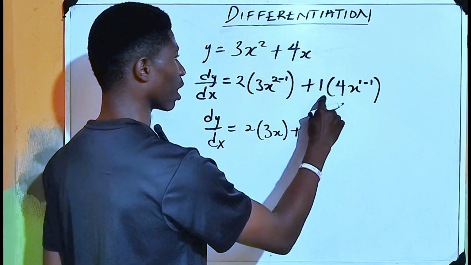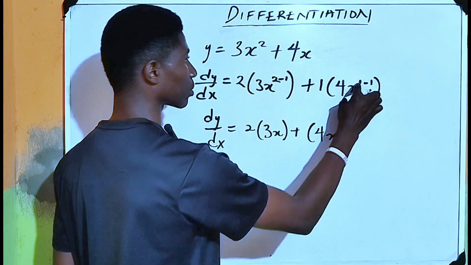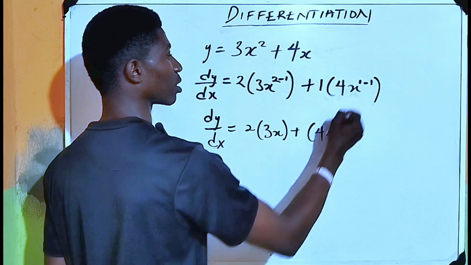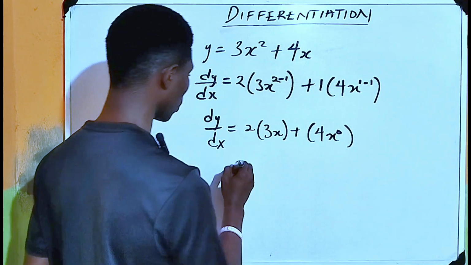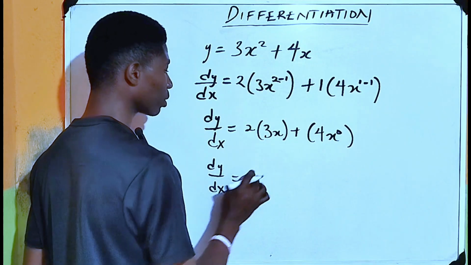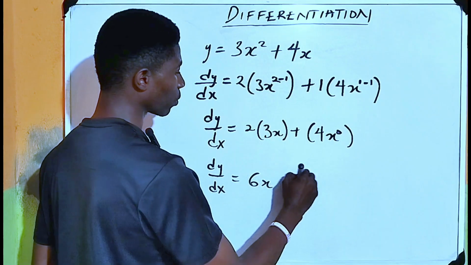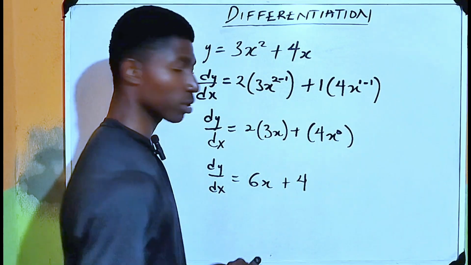So I have 1 times 4, which is the same as what? 4x. 1 minus 1 is 0. So dy over dx is equal to 2 times 3x, which is 6x, plus 4 times x power 0. x power 0 is equal to 1.